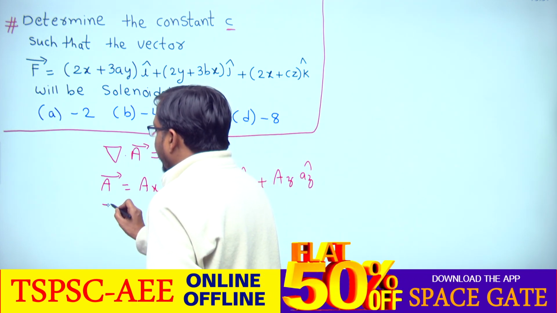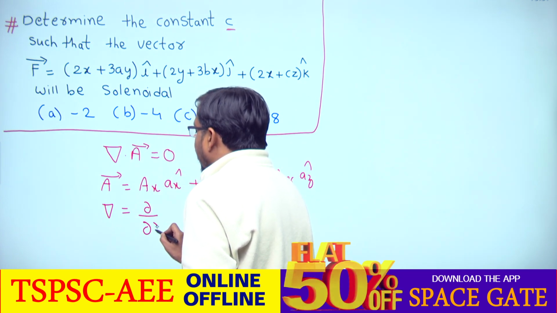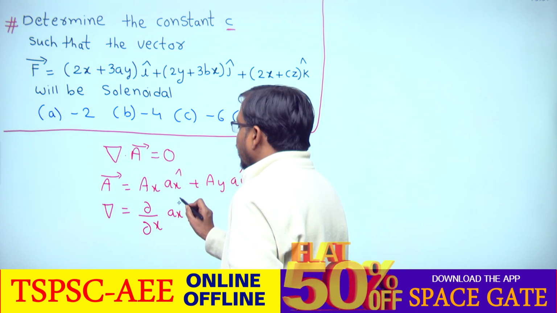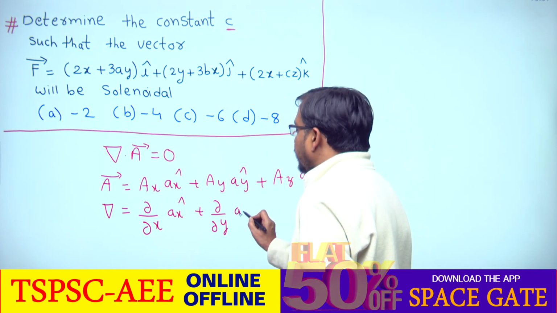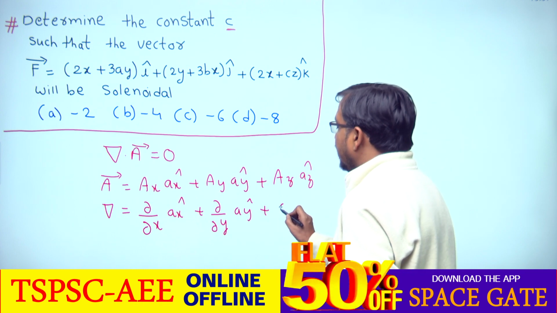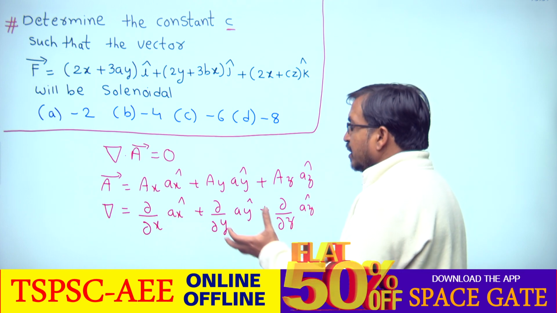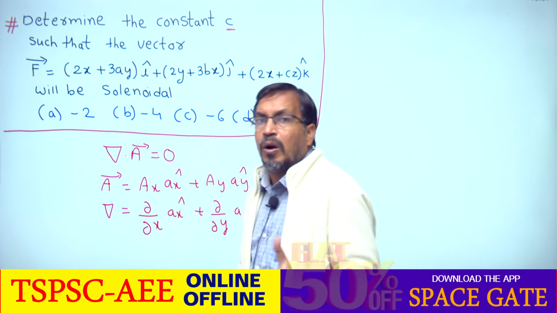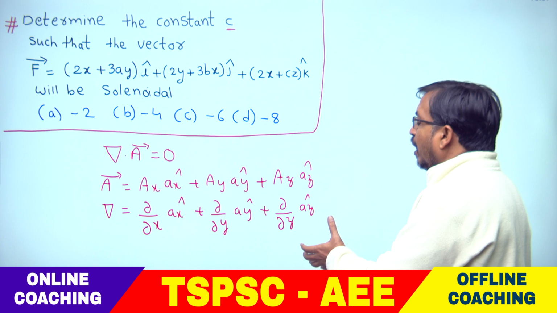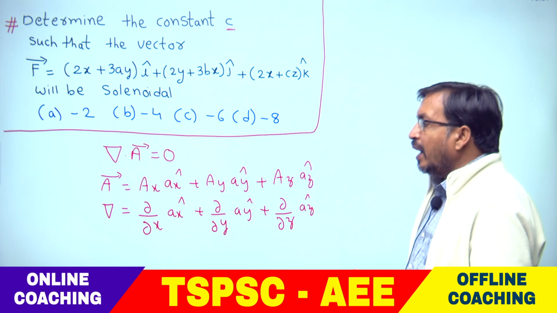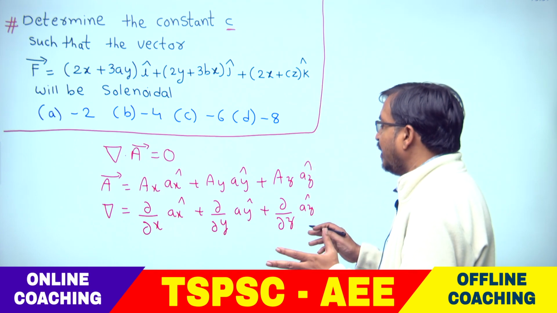It is a vector differential operator, also known as nabla. In rectangular coordinates, the formula is dou by dou x Ax cap plus dou by dou y Ay cap plus dou by dou z Az cap, and the given vector A equals Ax cap plus Ay cap plus Az cap.